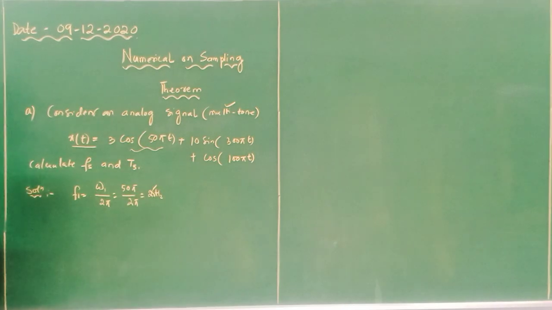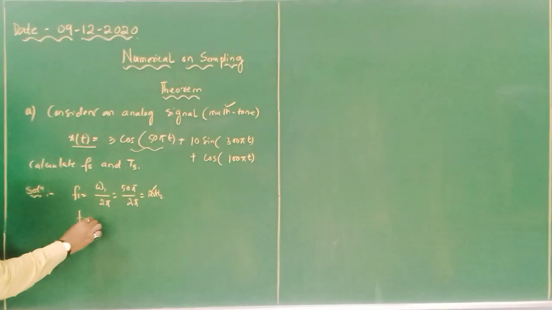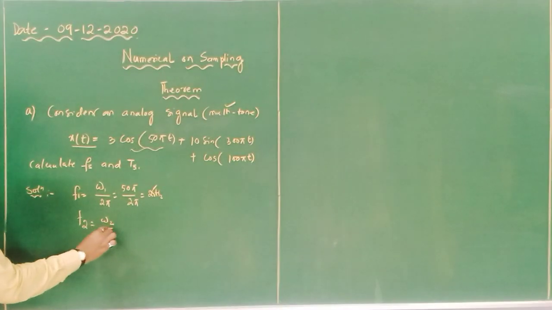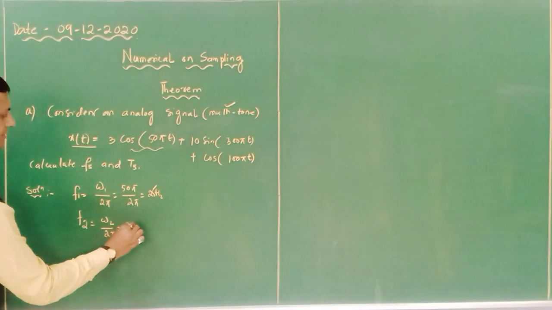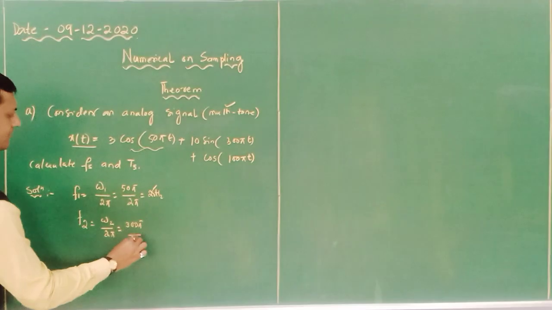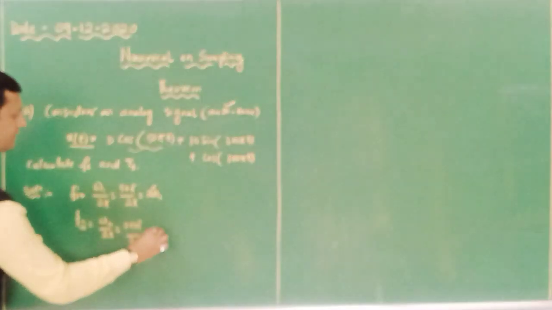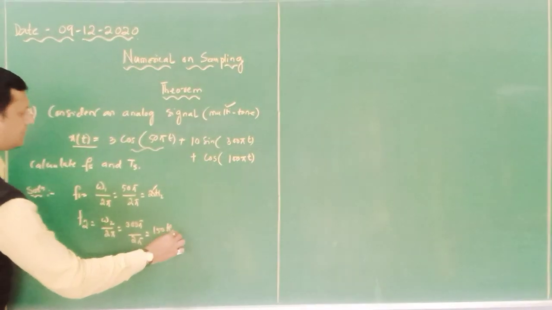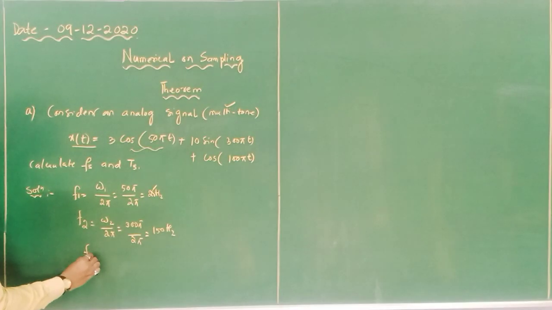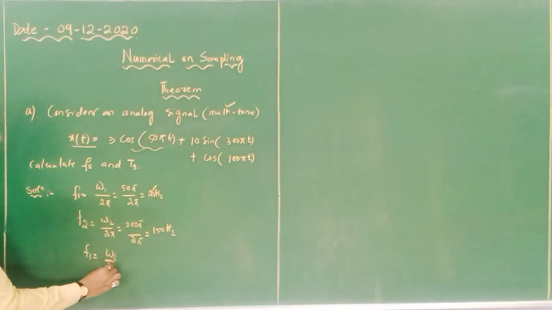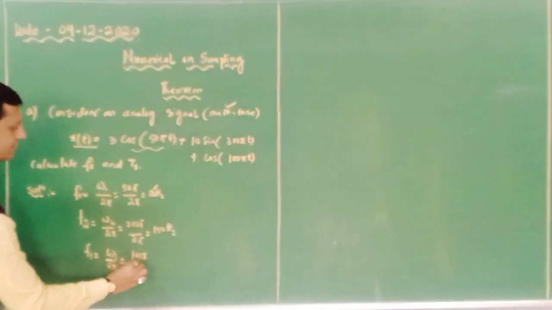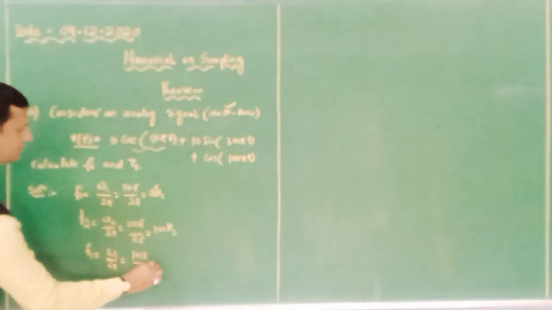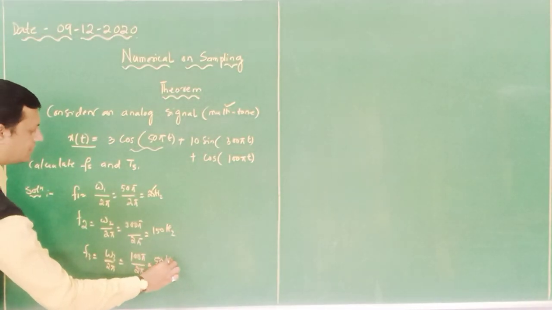Similarly, F2 equals omega 2 divided by 2 pi. Omega 2 is 300 pi divided by 2 pi, so it is 150 hertz. And F3 equals omega 3 divided by 2 pi, that is 100 pi divided by 2 pi, so here you will get 50 hertz.